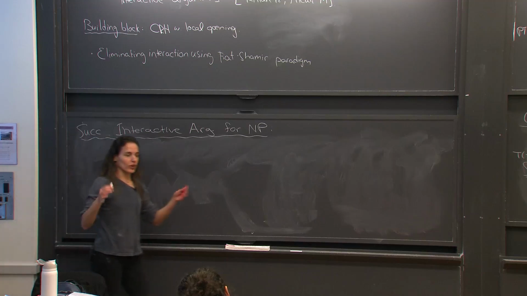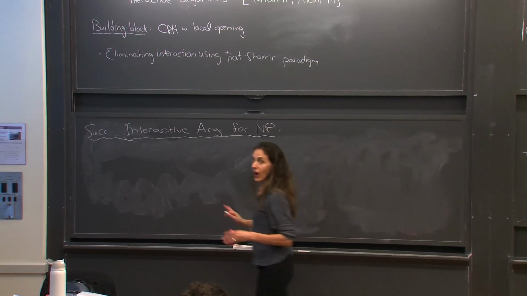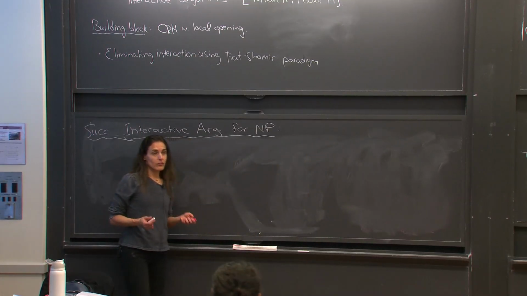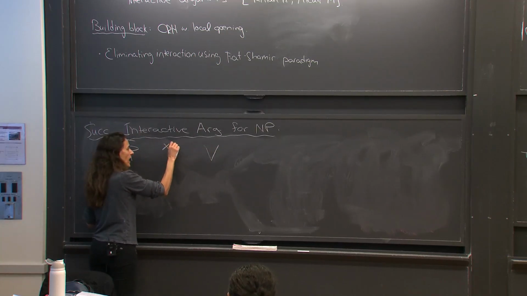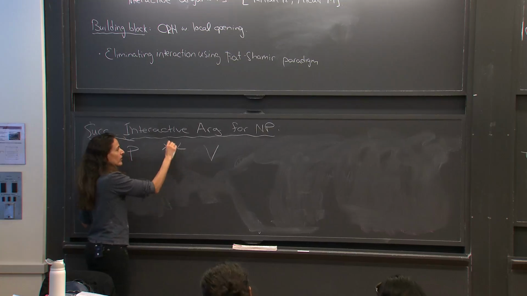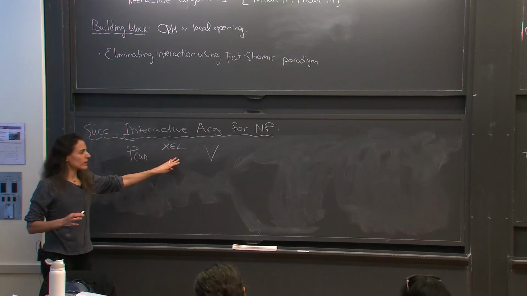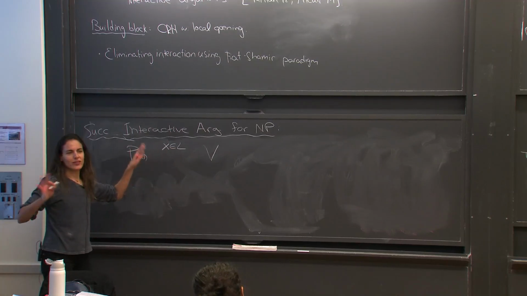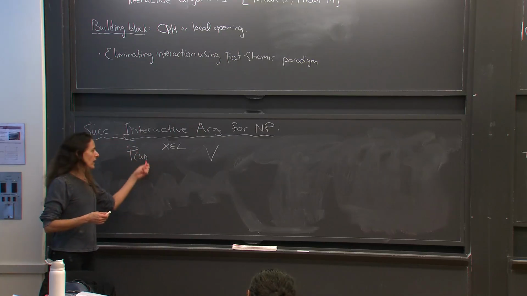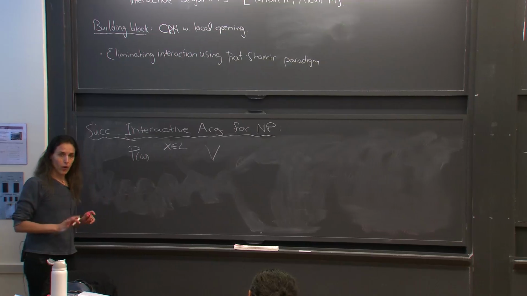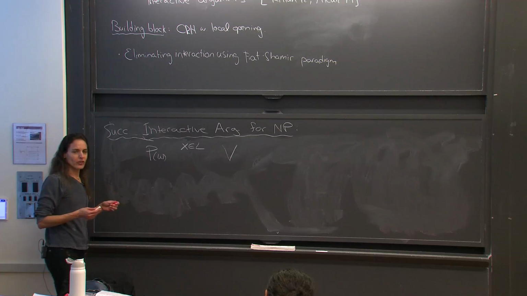I'm going to show you how to construct a succinct interactive argument for any NP language. We have a prover and a verifier, and they both share X. The prover wants to prove to the verifier that X is in the language, and he has some witness W. You can think of X as a 3CNF, because we talked about 3CNF, which is complete anyway. It's nice to have something concrete in mind, so think of X as a 3CNF and W as a satisfying assignment. What does the prover do first? Any guess what the prover first does?